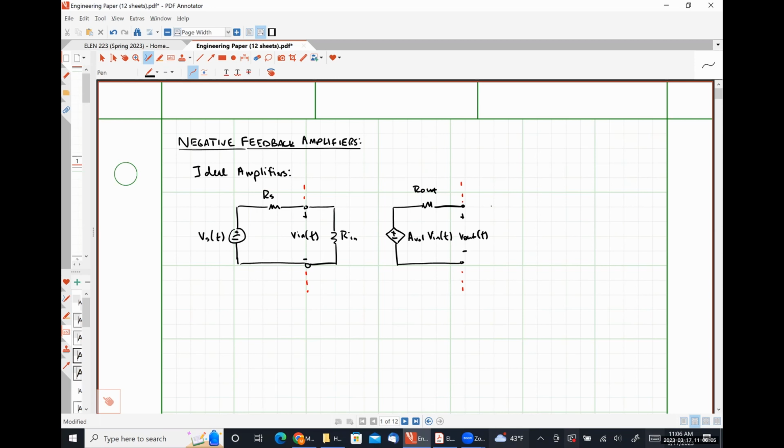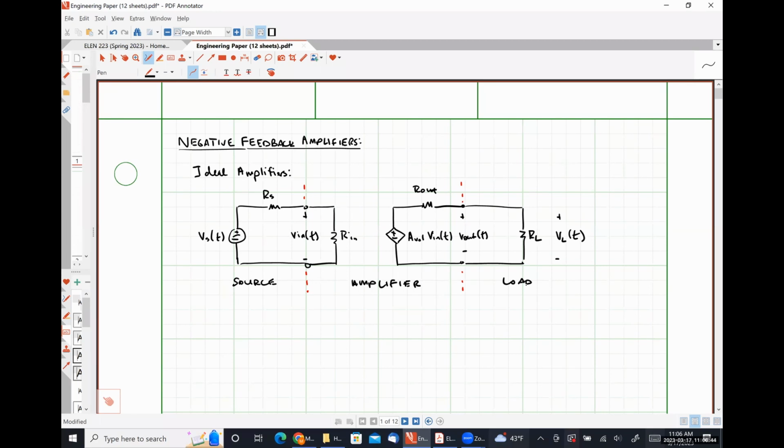And over here on the load side, we have our load resistance RL, across which we measure some load voltage VL of t. So here is the source, amplifier, and the load. And this is what we came up with for the behavior of amplifier circuits way back on our second day of class when we first started talking about these things.